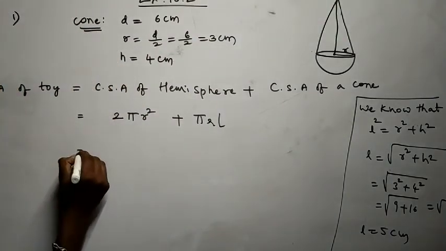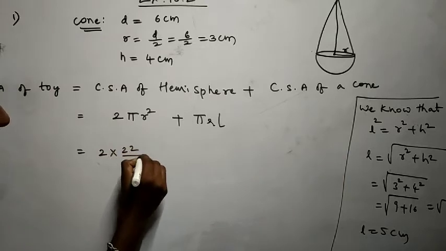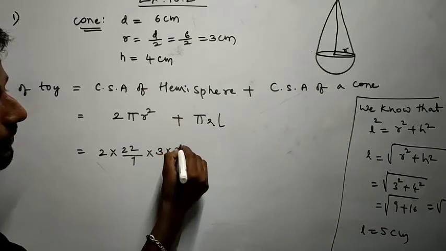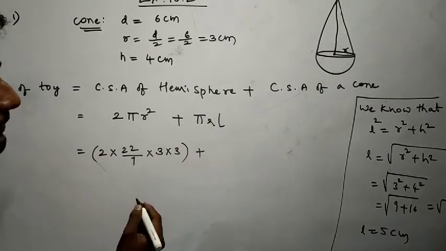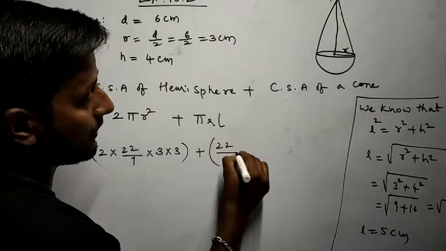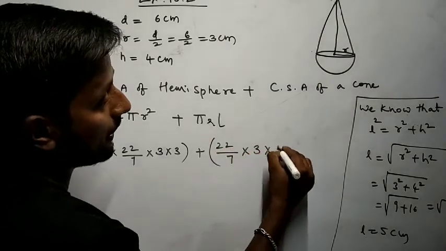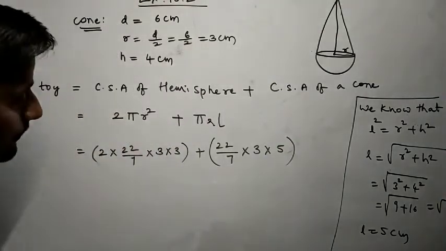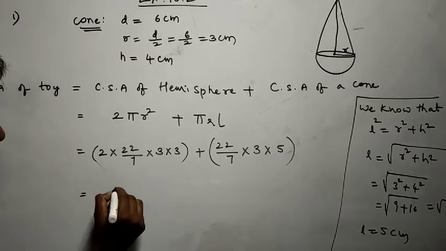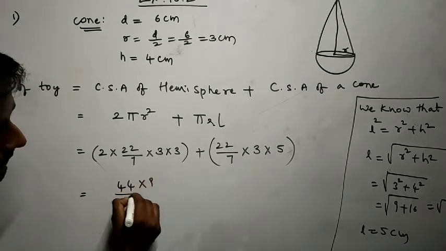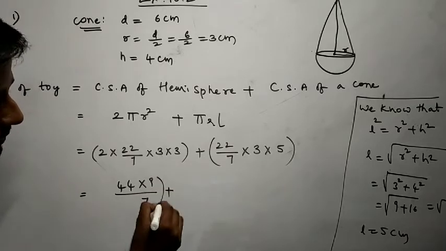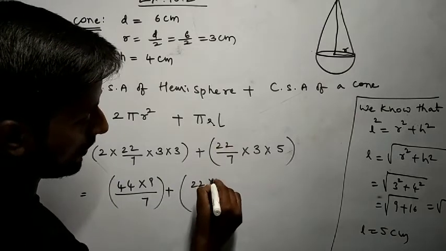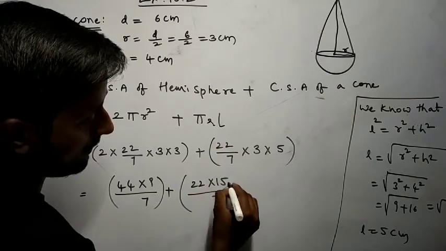So now I'll write: 2 into 22 by 7 into r square, so 3 into 3, plus 22 by 7 into r value 3, l value 5. Correct? Yeah, it's right. So it is 44 into 9 by 7 plus 22 into 15 by 7.